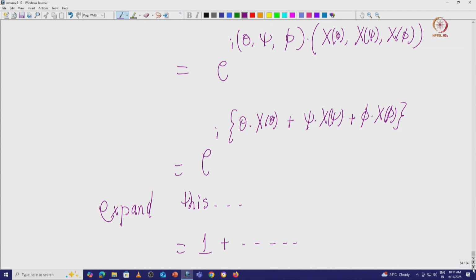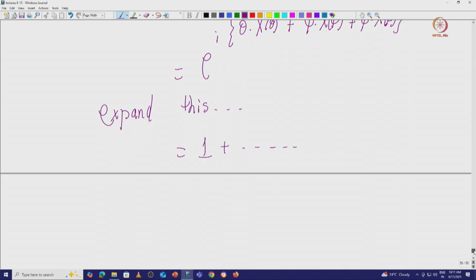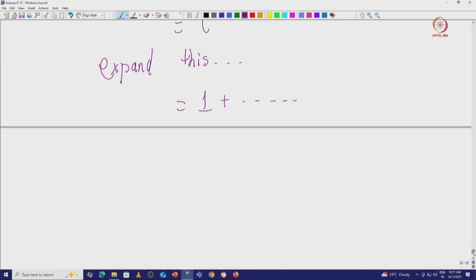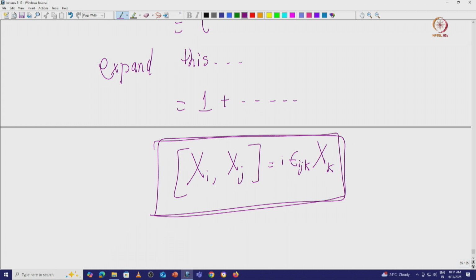After doing a little bit of that, you end up with the conditions, because it's a series if you remember, with the condition that x_i x_j is equal to i epsilon_ijk x_k. So the generators do not commute but end up giving this kind of relations essentially.